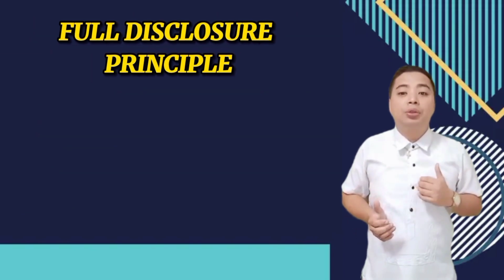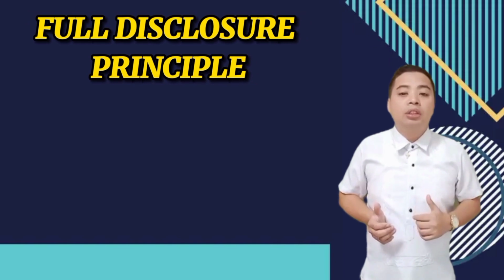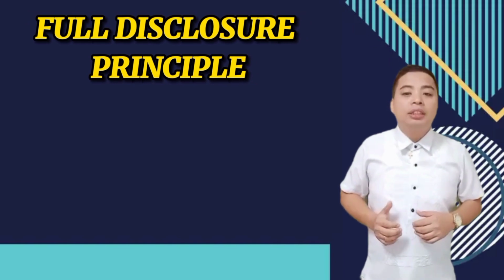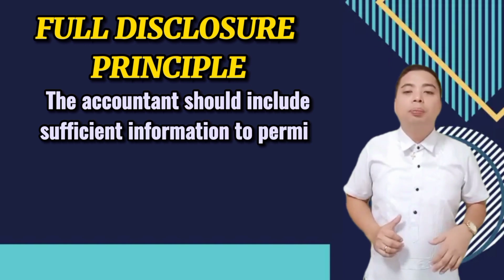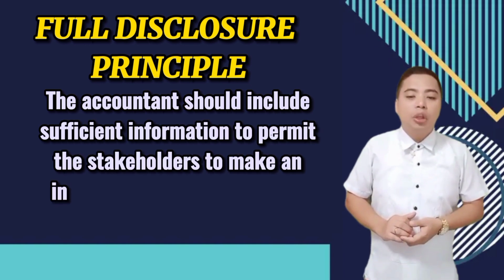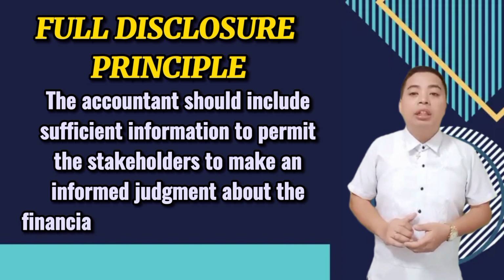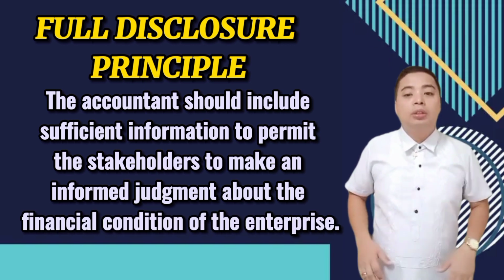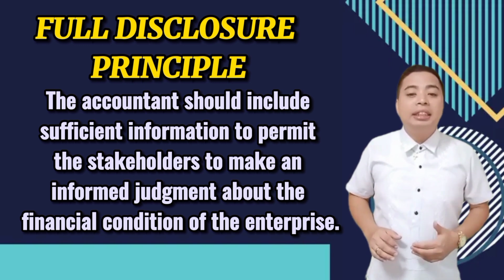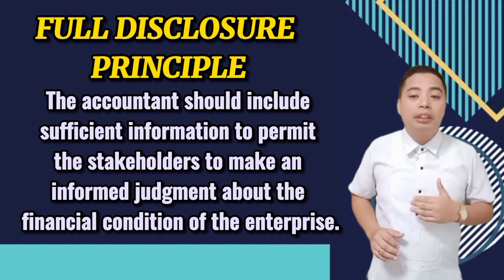Another accounting principle is the full disclosure principle. According to this principle, the accountant should include sufficient information to permit the stakeholders to make an informed judgment about the financial condition of the enterprise. So, the transparency in this principle is very important.